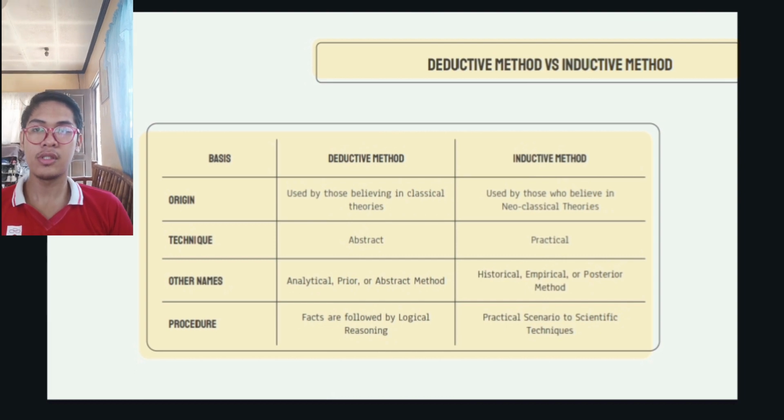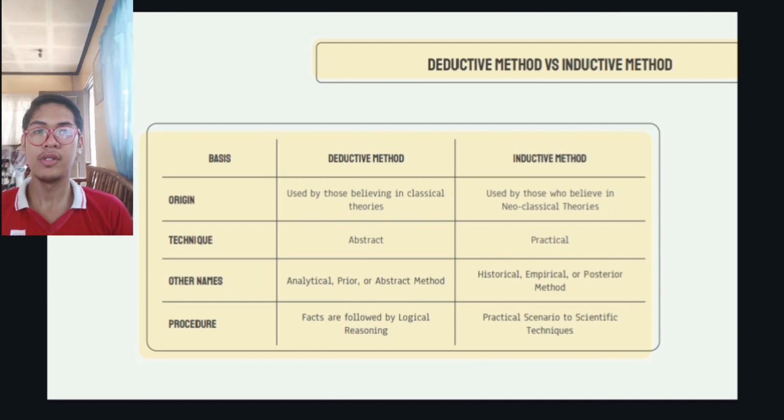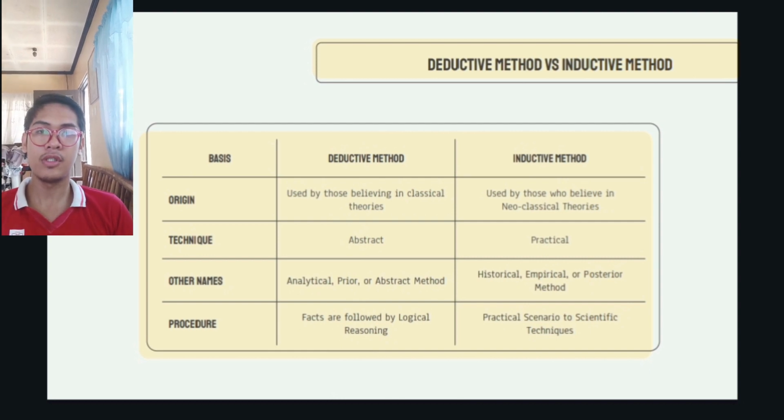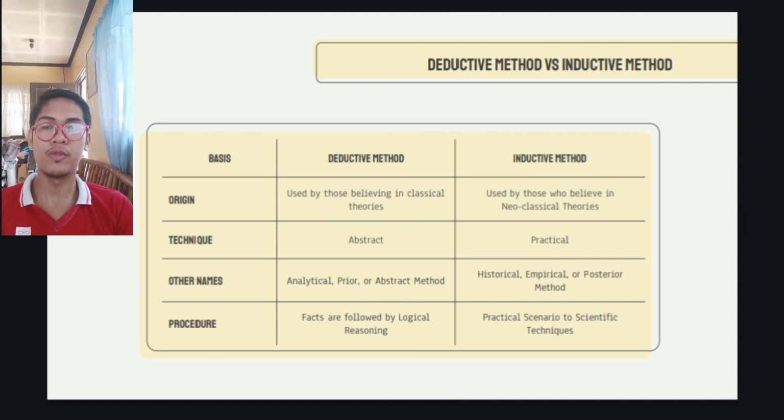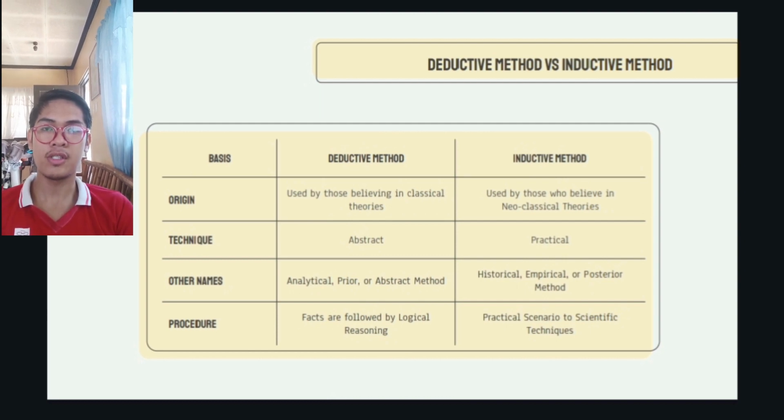Other names for deductive method are analytical, prior, or abstract method, while for inductive, their other names are historical, empirical, or posterior method.